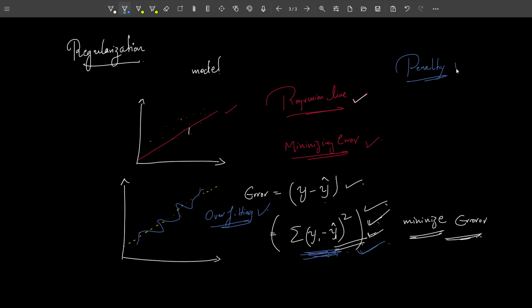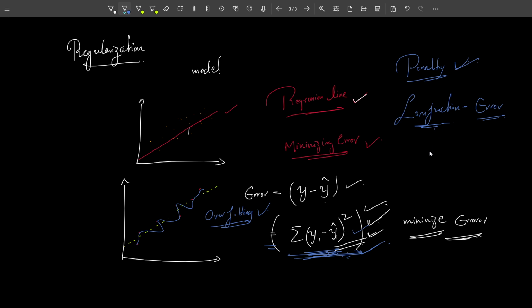A penalty term will be added to the loss function. The loss function is nothing but the error function. This expression is nothing but the loss function, and you have heard that there will be some penalty added to the loss function, right?